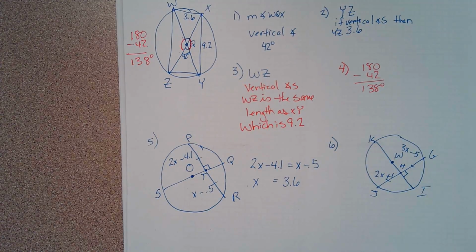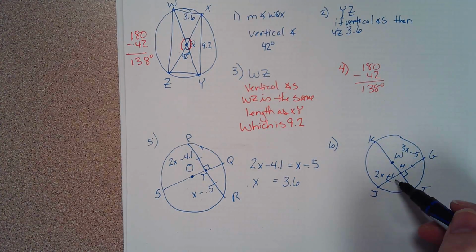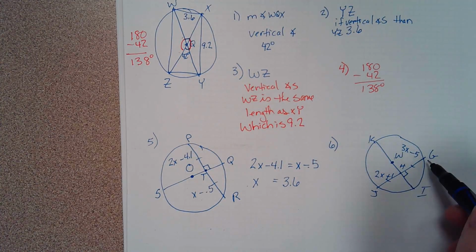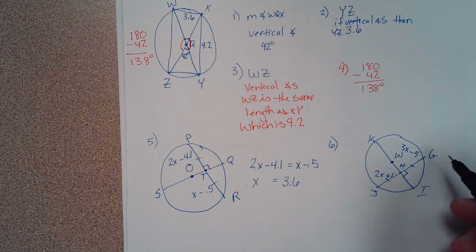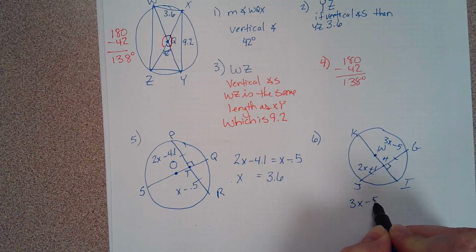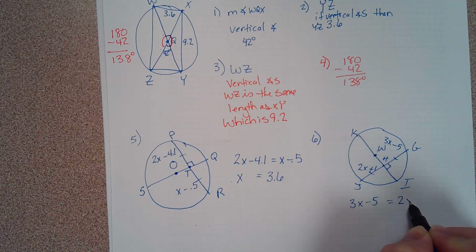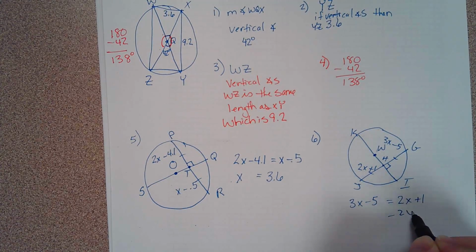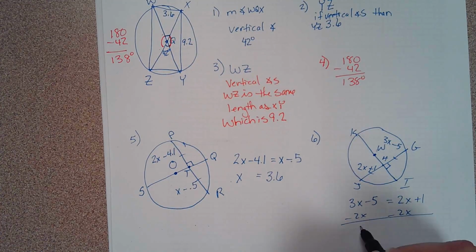If these two are perpendicular bisectors, and it goes to prove that JH and HG have to be the same. So we're just going to set them equal to each other. 3x minus 5 equals 2x plus 1. We subtract the 2x across, which gives me x. Add the 5 across, and it gives me 6. So 6 is my x.